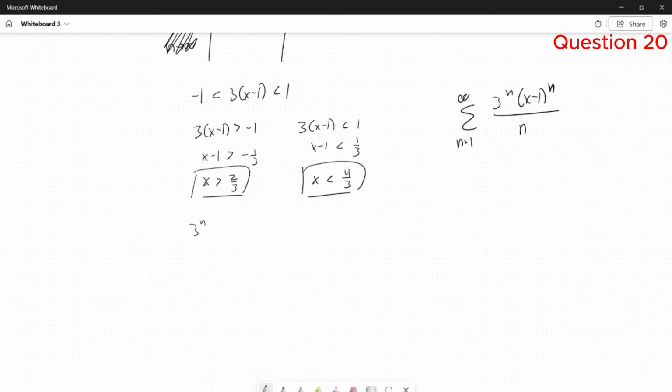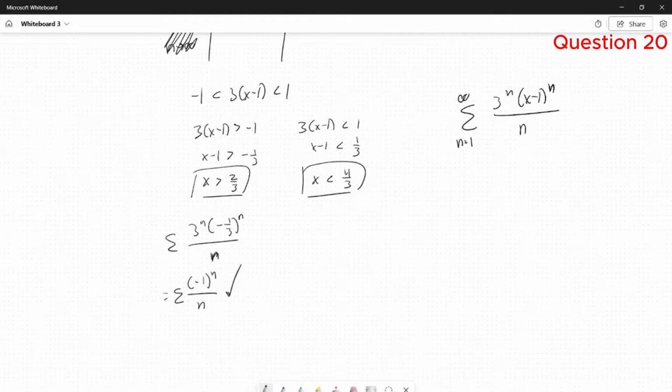We have 3 to the n multiplied by (-1/3) to the n over n. This reduces down to (-1) to the n over n, and that is an alternating series. We know by the alternating series test that the terms reduce to 0, because we're alternating between 1 and -1 on the numerator while our denominator grows infinitely large. Thus, the series converges at 2/3.